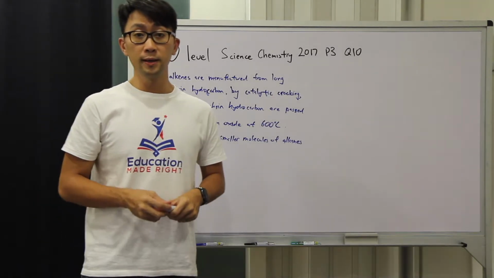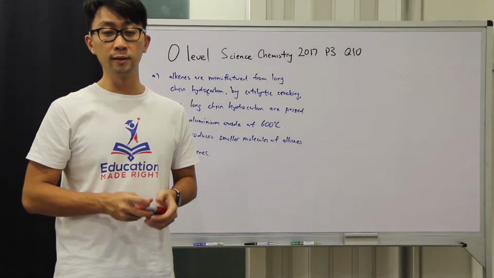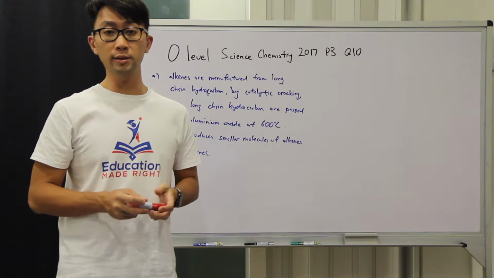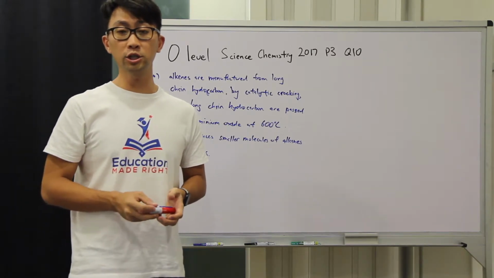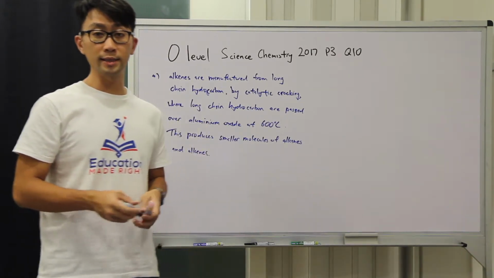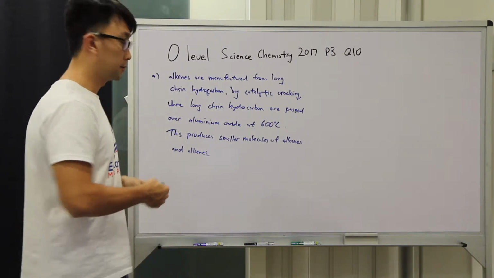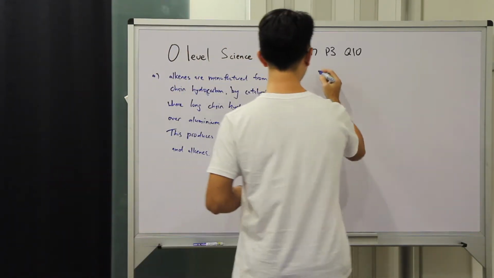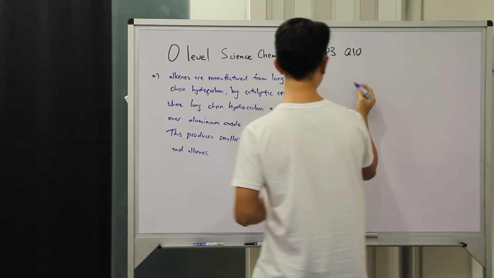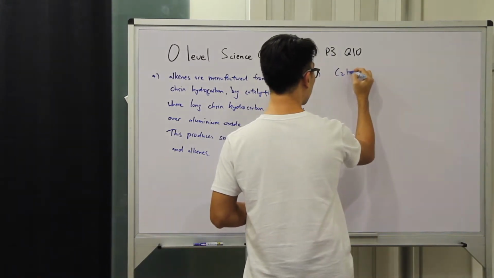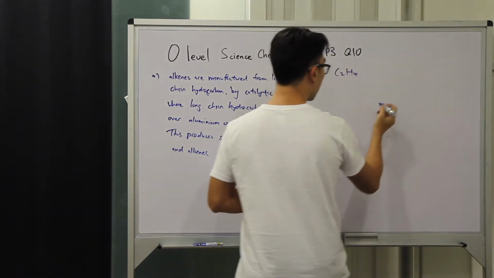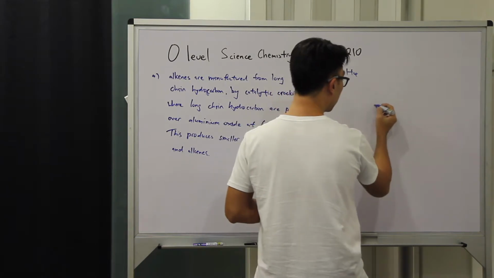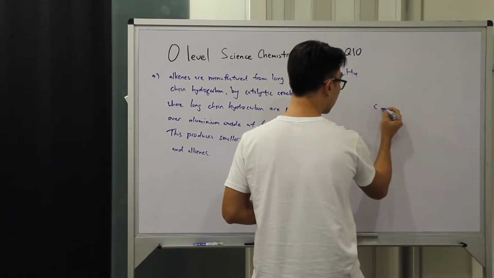Alright, part B. Ethene is an alkene. Suggest, using a dot and cross diagram, the electronic structure of ethene. So there's a C2H4. Alright, so I'm gonna write this here, B. C2H4. Alright, so first of all, we will draw two carbon in the middle.